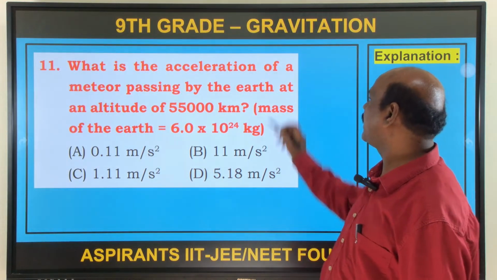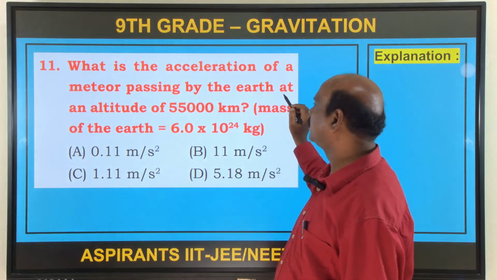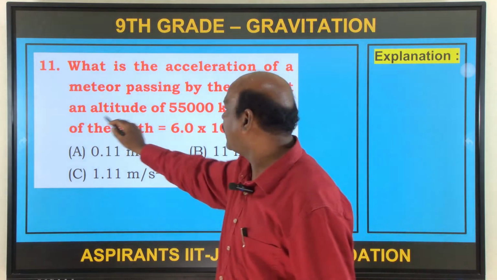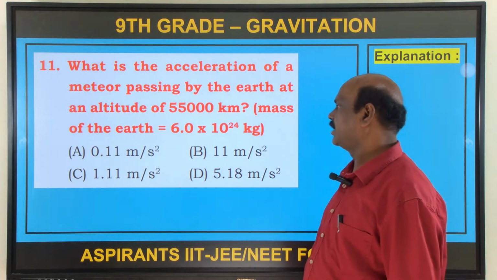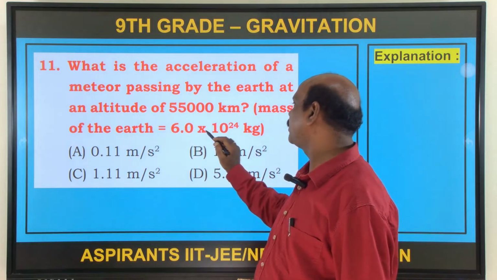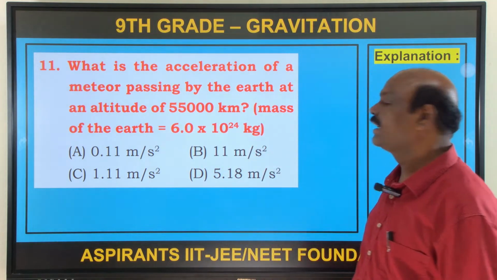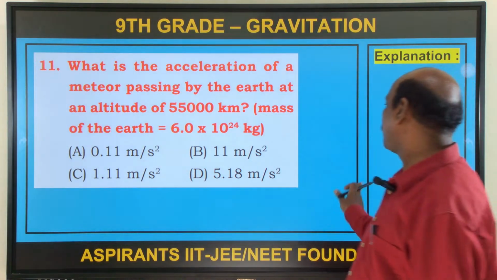what is the acceleration of a meteoroid passing by the earth at an altitude of 55,000 kilometers, if you consider the mass of the earth is 6.0 into 10 to the power of 24 kilograms? So he is asking about the acceleration of a meteoroid.